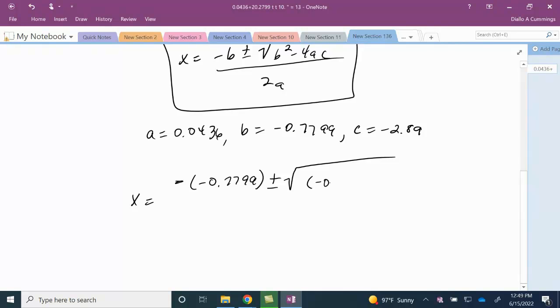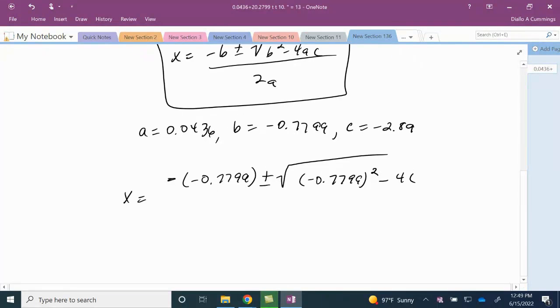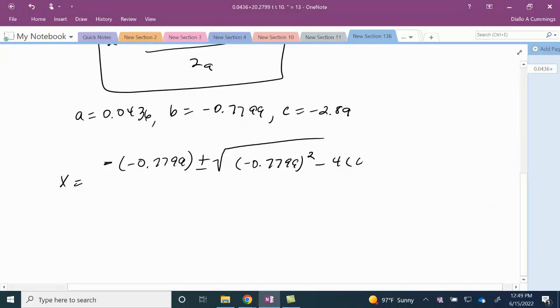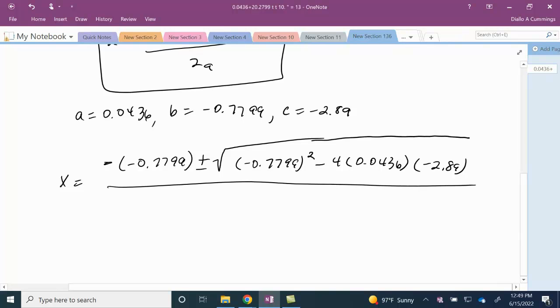So that's negative 0.7799 squared minus 4 times a, which is 0.0436, times c, which is negative 2.89. And keep in mind that that's all under the radical. All divided by 2 times a, which is 0.0436.